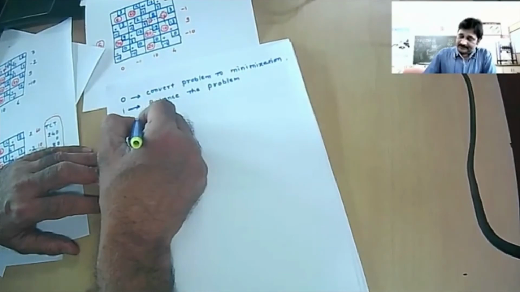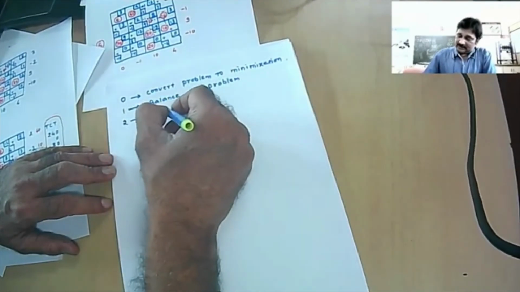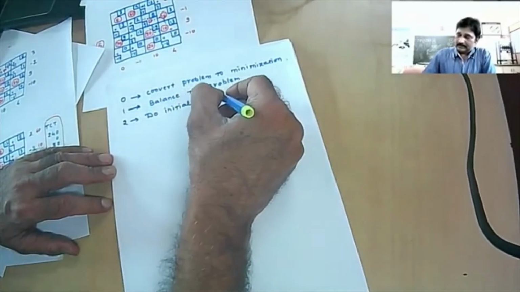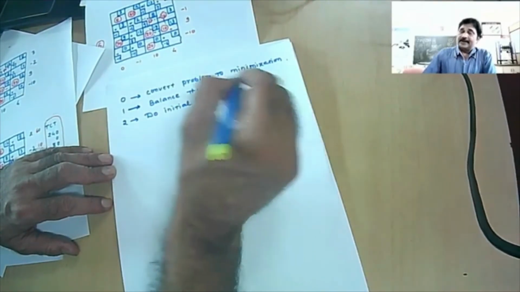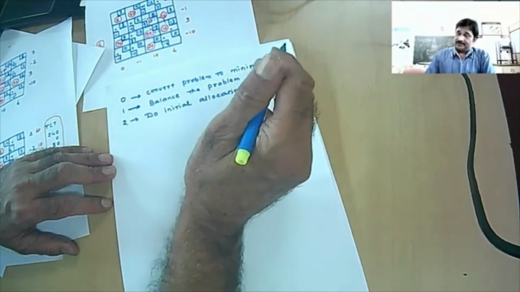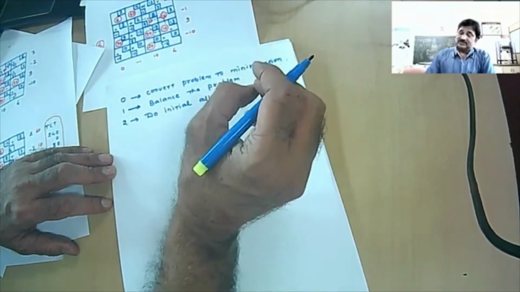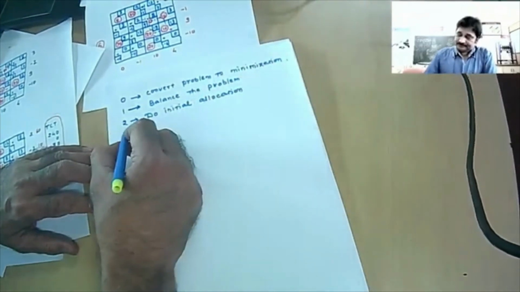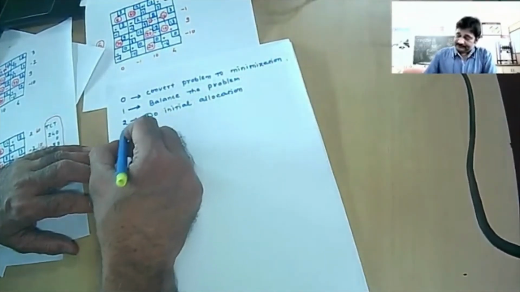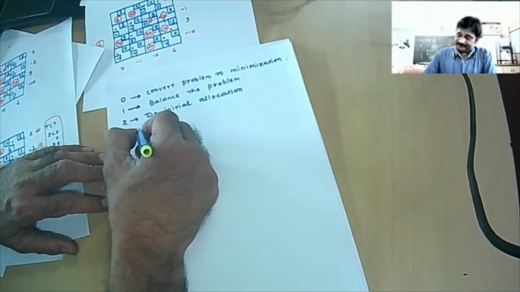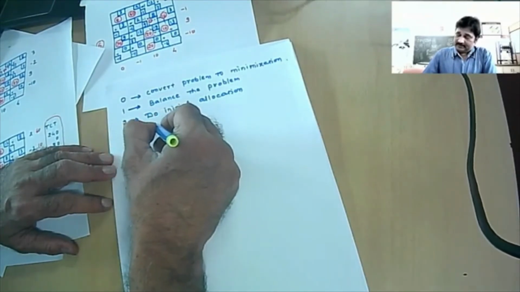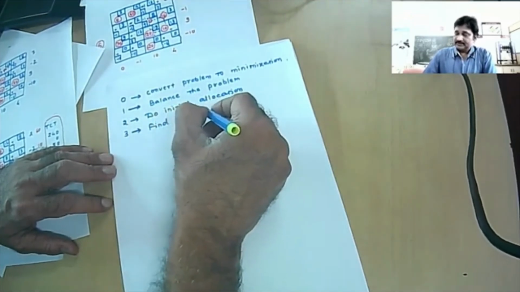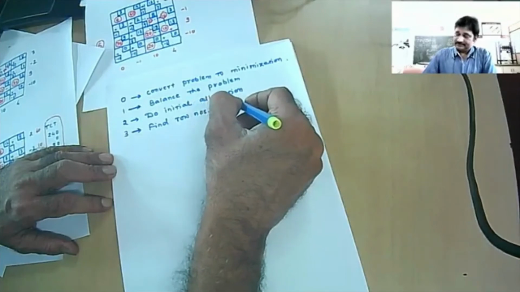Then the second step will be to do the initial allocation, preferably by WAM. If you are explicitly asked to do it by a specific method, do it by that method. Then the third step, find row numbers and column numbers.